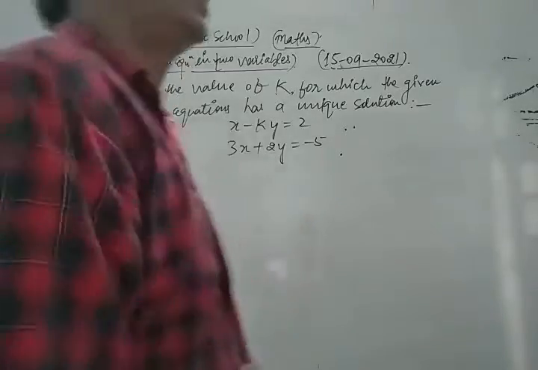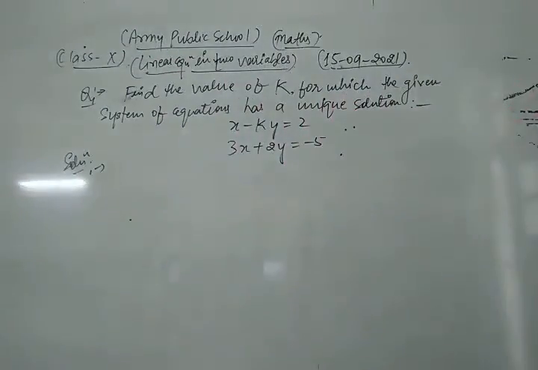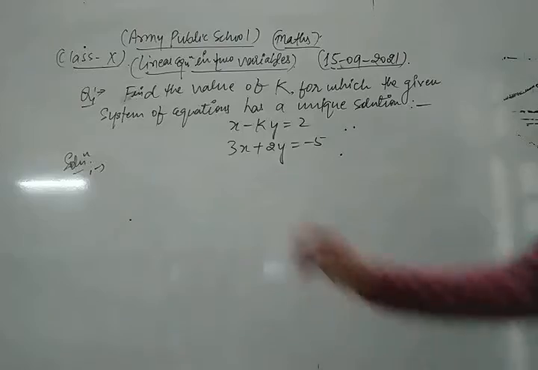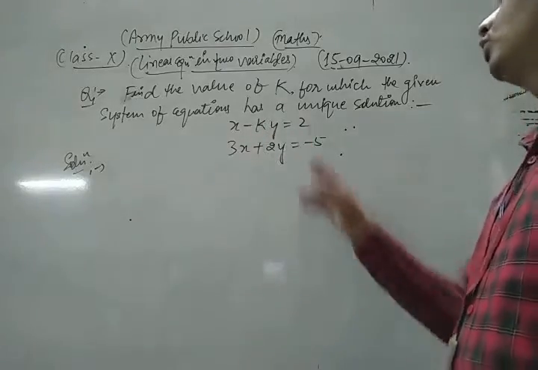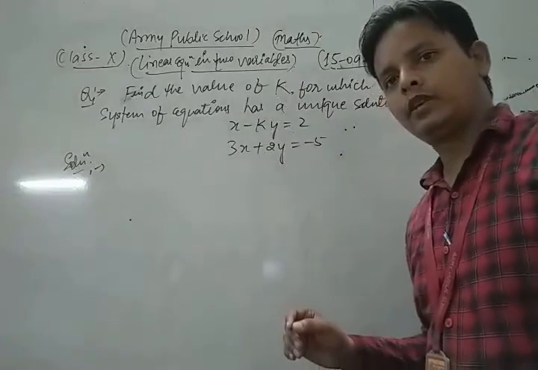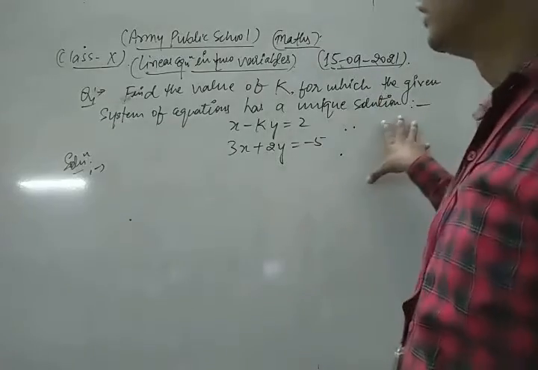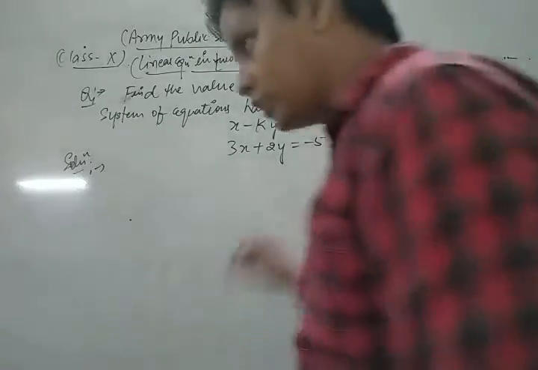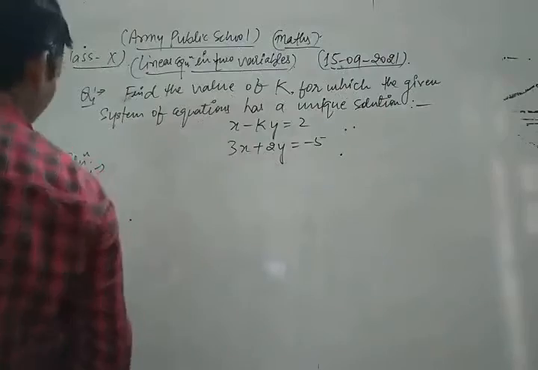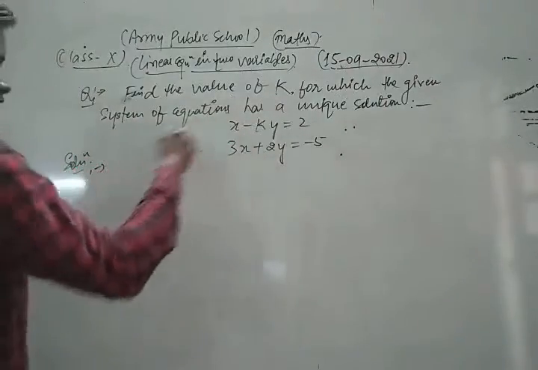So what is the process, dear students, to solve that type of question? Look, here we find the value of k for which the given system of equations has a unique solution. So first of all, we write the equations in this form.